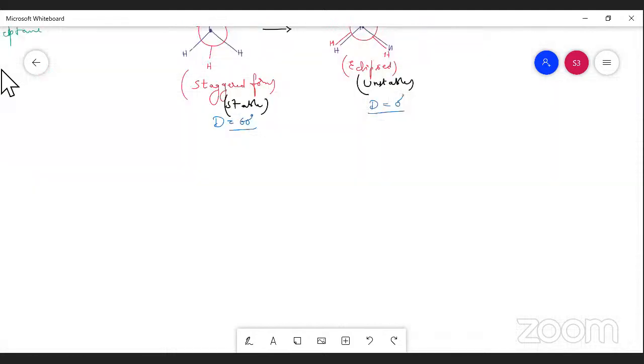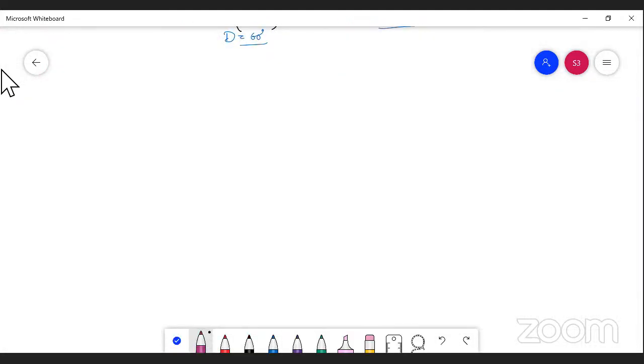Now let us apply the same concept to butane. What is the chemical formula of butane? C4H10, and this is the complete structural formula of butane.